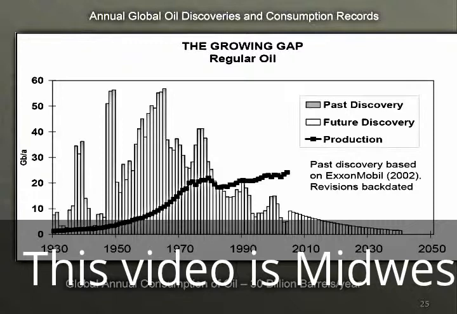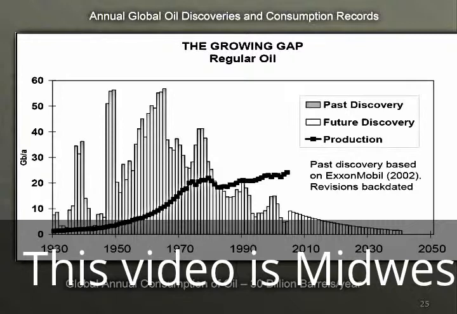The black line represents the billions of barrels of oil that are used on a global basis. So around 1948, 49, we're discovering 50 billion barrels a year, but we're not even using 5 billion barrels, more like 3 to 4 billion. But follow that black line up, and as we continue to use more and more oil on an annual basis, we're also discovering less and less oil every year.